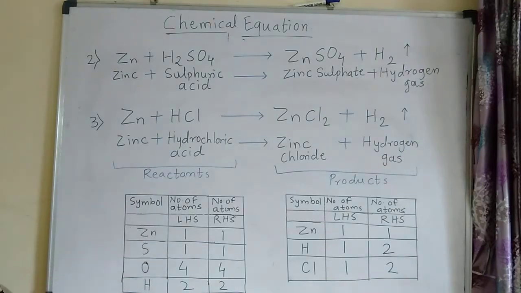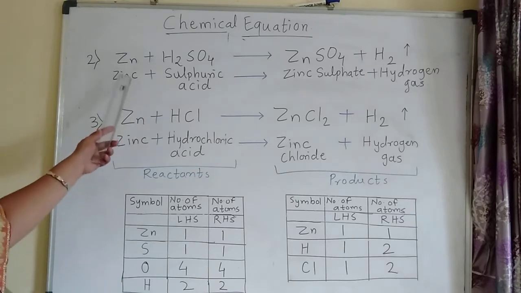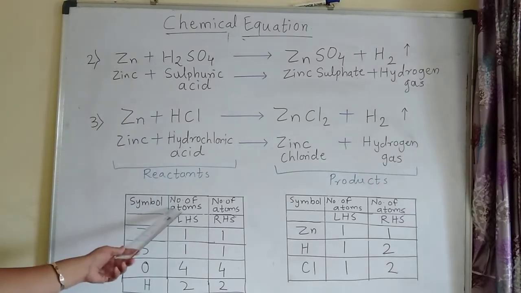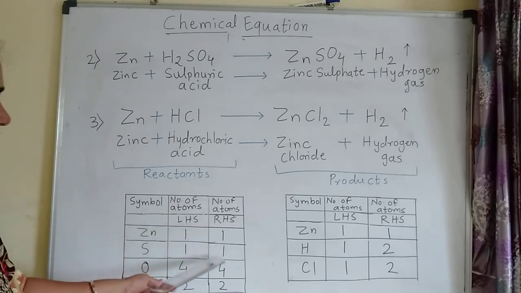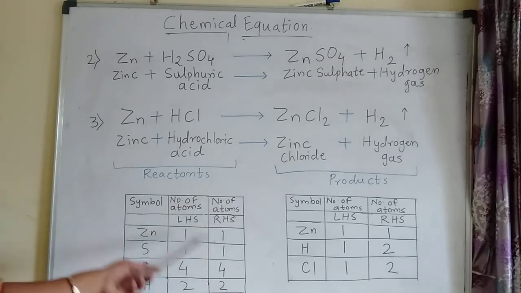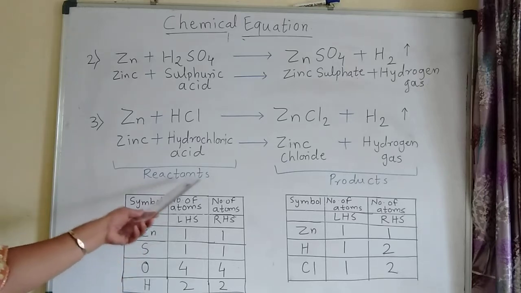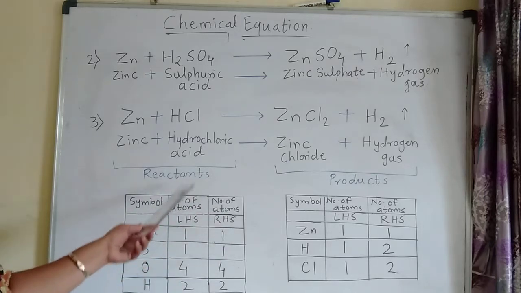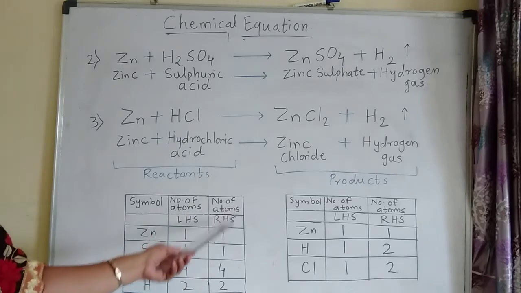Now when you compare this tabular form, you will find that for this second reaction you get the number of atoms on LHS and the number of atoms on RHS. For each atom, for zinc, sulfur, oxygen and hydrogen, all atoms are the same number on LHS and RHS.